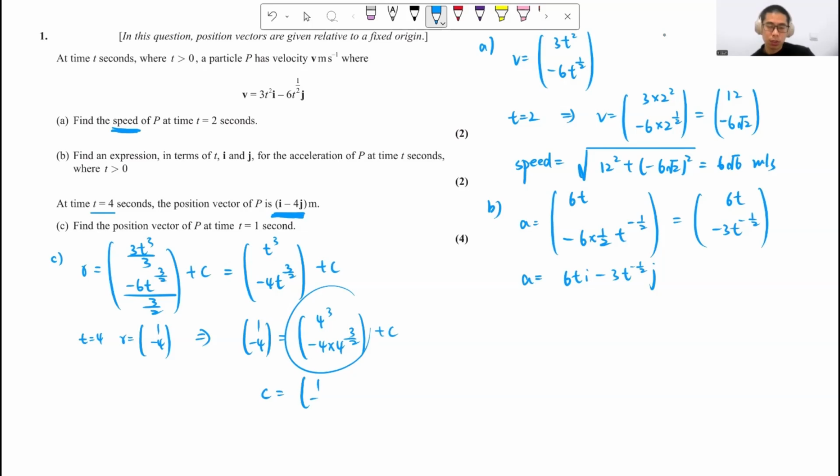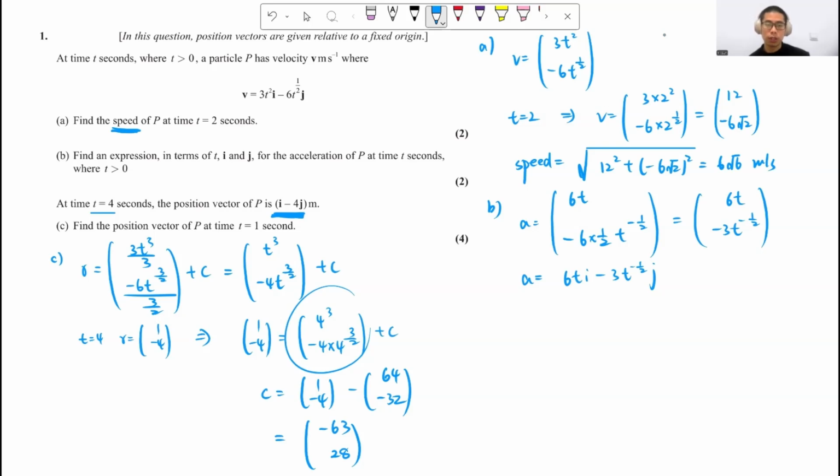So c equal to (1, negative 4) minus, so 4 to the power 3, that's just 64. And then negative 4 times 4 to the power 3 over 2, that would be negative 32. So if we simplify that, c is just equal to 1 minus 64 is negative 63, and negative 4 minus negative 32 is negative 4 plus 32. That would be just 28. So that's what c is equal to.